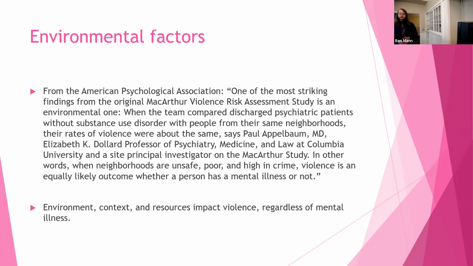People with mental illnesses are more likely to be poor, or less likely to receive quality health care in a lot of circumstances, or less likely to have access to stable employment, and so on. And those environmental and contextual factors and disparities have been found to be much better predictors of differences in violence, right? One of the most striking findings is an environmental one. When psychiatric patients without substance abuse were discharged from the same neighborhoods, the violence was about the same, right? So I think it reveals some important findings here.